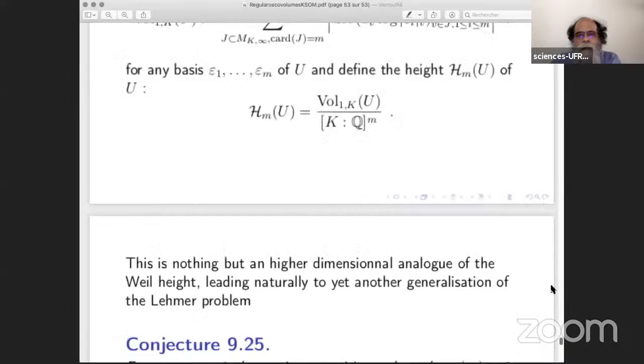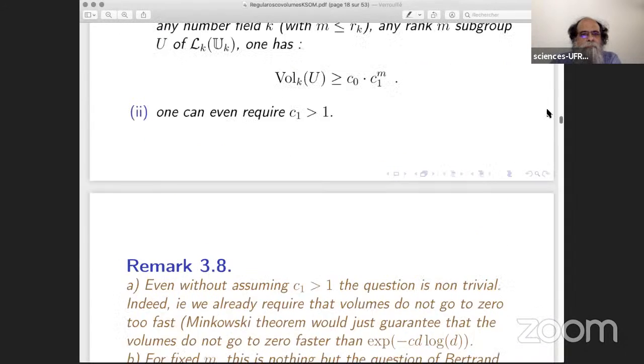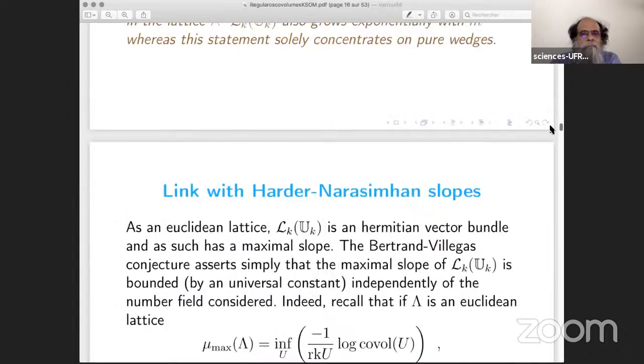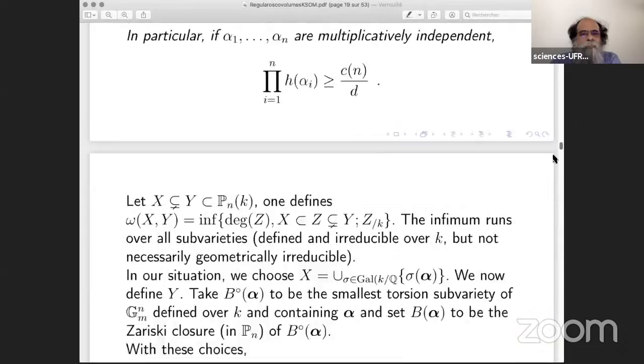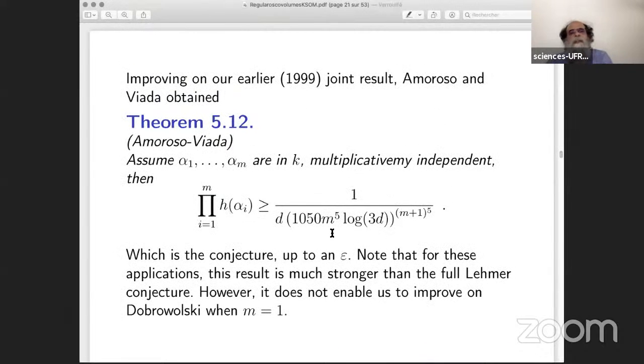In fact, I'll go back to the slides if you allow me for a second. Here it is. You see, you have here a power which is m to the 5. In our original paper, we had powers of factorials, so it was factorial to the power n or something like that.